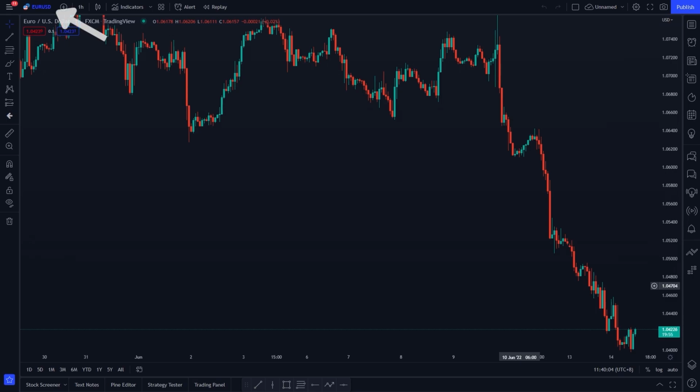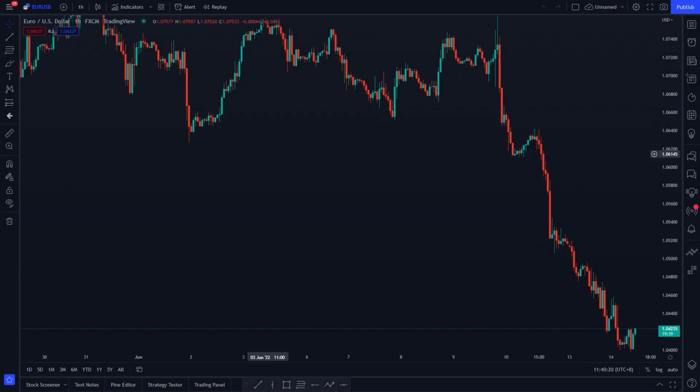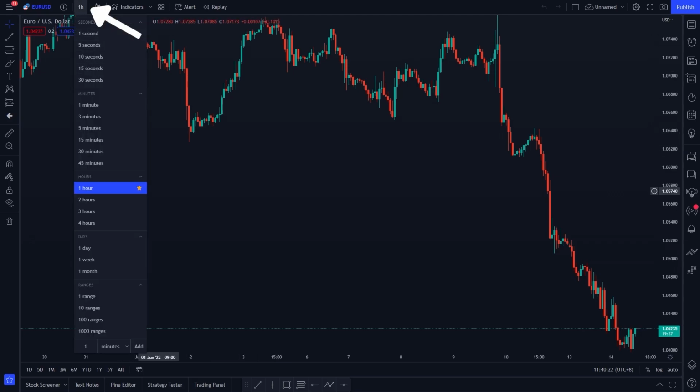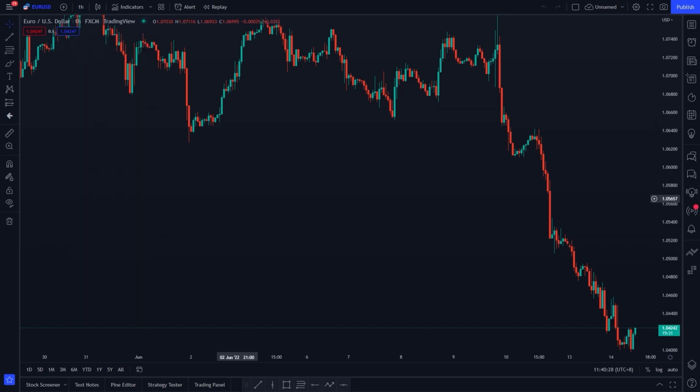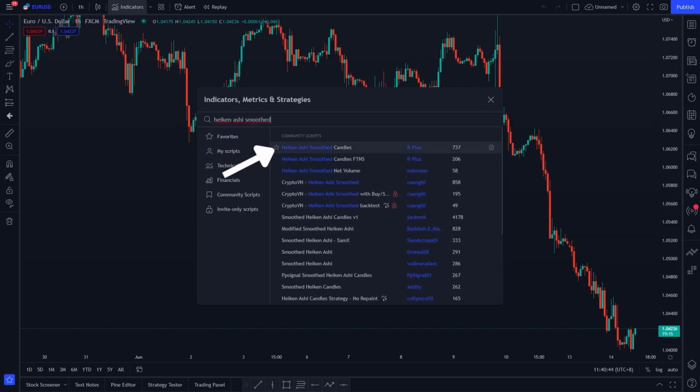Choose a currency pair and set the time frame to 1 hour. Click on Indicator, search for Heiken Ashi Smooth Candle. Click on it.